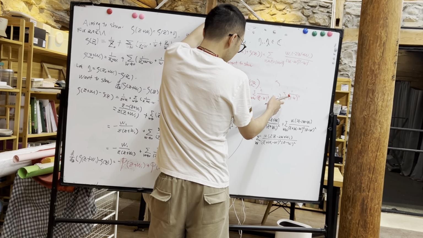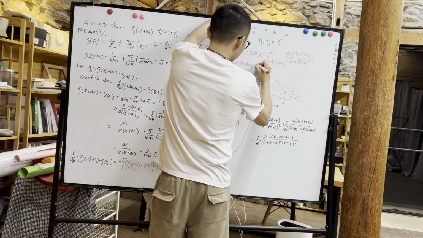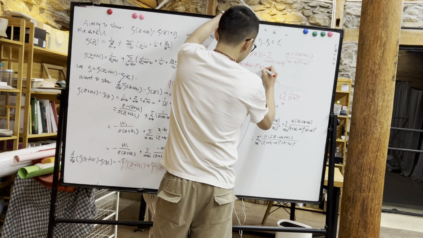What I want to show is that p prime of z is doubly periodic, right?